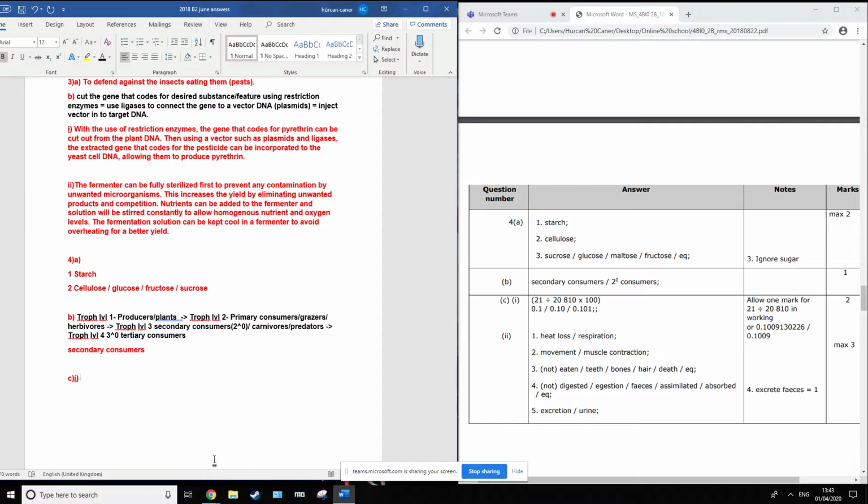Okay, so you have the energy of 20,810 kilojoules per meter squared per year, which is transferred to what? Tertiary consumers, the last trophic level. So it's gonna be trophic level 4, and kilojoules per meter squared per year there is 21.